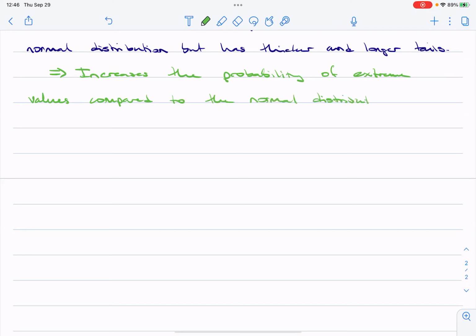So they're basically the same, but the t-distribution relies on the degrees of freedom, right? And depending on what type of problem we're applying the t-distribution to, right, that's going to determine the degrees of freedom.